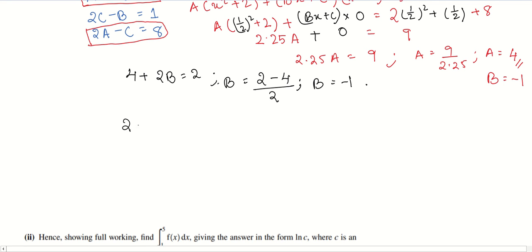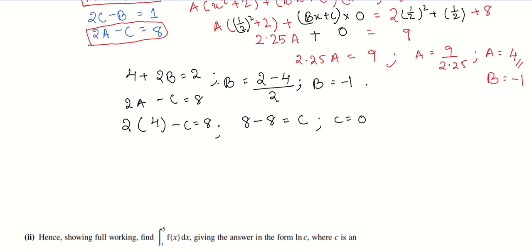So 2 multiplied by 4, which is a, okay? So 2a minus c equals 8. So 2 multiplied by 4 minus c equals 8 gives 8 minus 8 equals c, that is c equals 0.